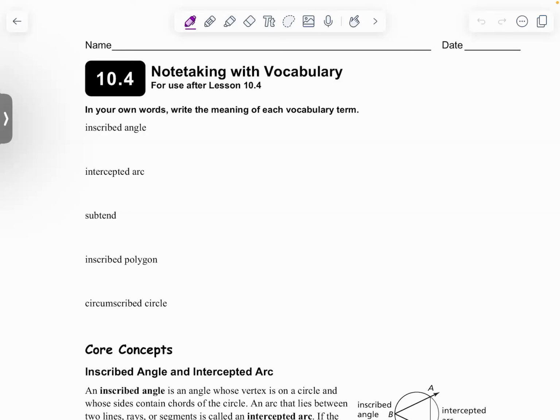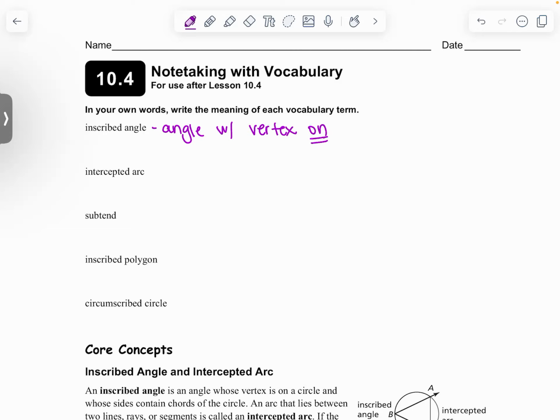On page 295, we are going to talk about what an inscribed angle is. So you know what a central angle is. Where do you think the vertex is going to be for an inscribed angle? So it's not going to be inside the circle.